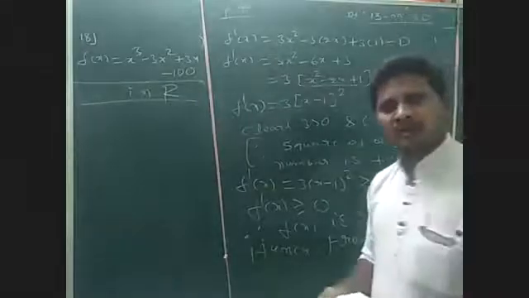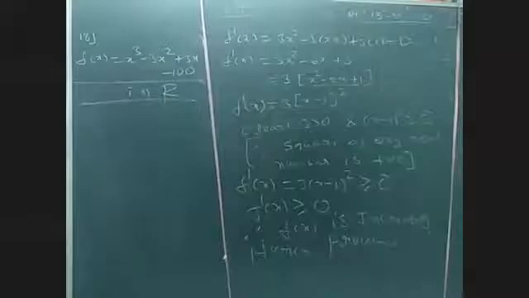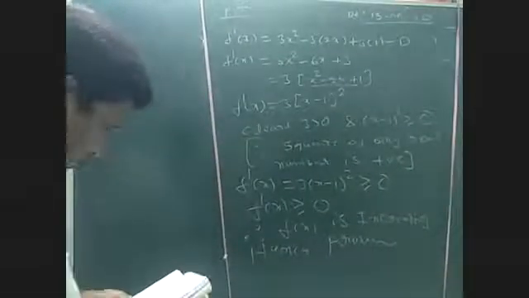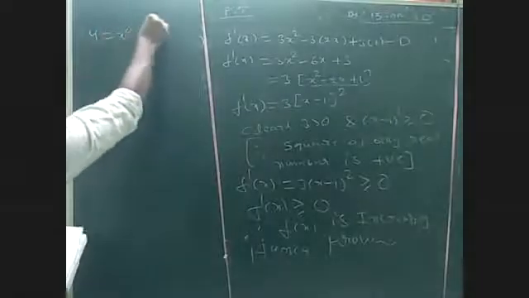Differentiate. Find f dash of x, and clearly they given to check increasing function. Y is equal to x square e power minus x.